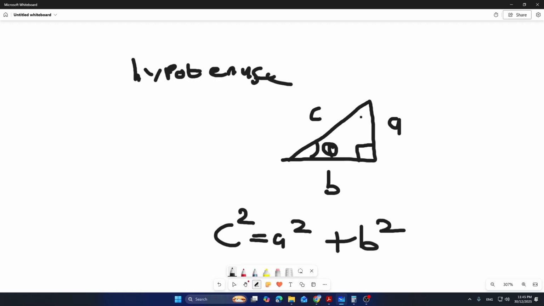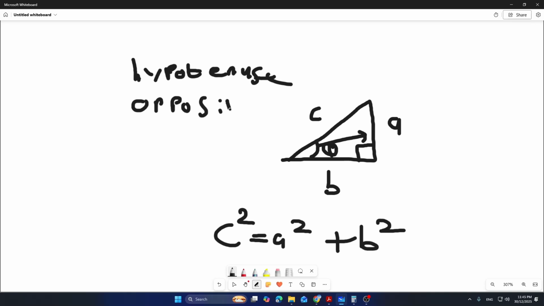The side that is opposite to the angle, which is this one, is called the opposite side. And the one that is next to it, not the hypotenuse, is called the adjacent side.